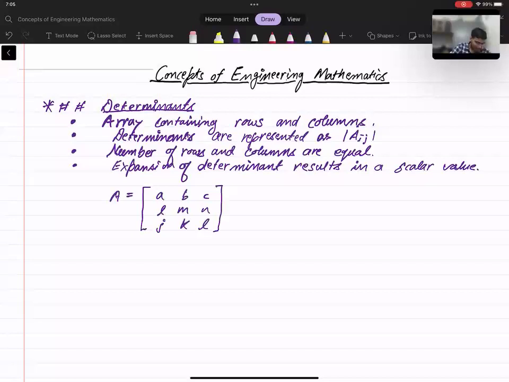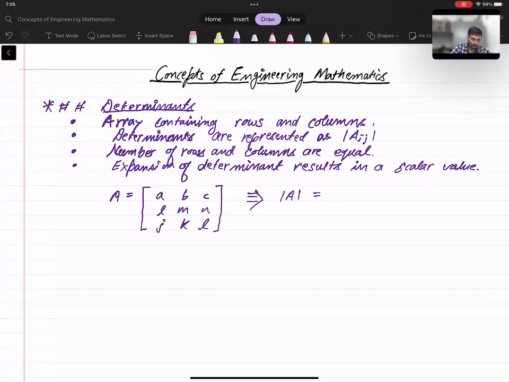Okay, so this is a square matrix, and for better understanding, a square matrix means a matrix where the number of rows and the number of columns are equal. And we have seen that in case of determinants, the number of rows and columns must be equal. So its determinant will be represented like this.